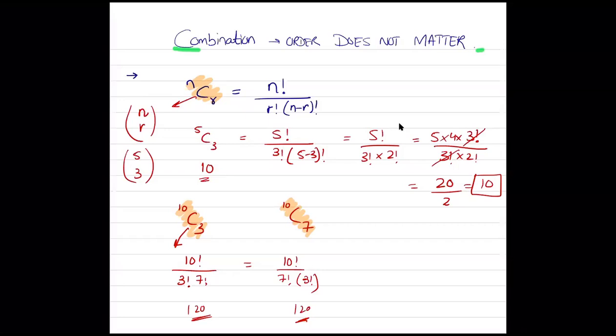Let's say I'm asking you to divide a group of 10 into 3 and 7. If you first select the 3, the remaining 7 are automatically determined. So the number of ways are similar. Do you get this idea?